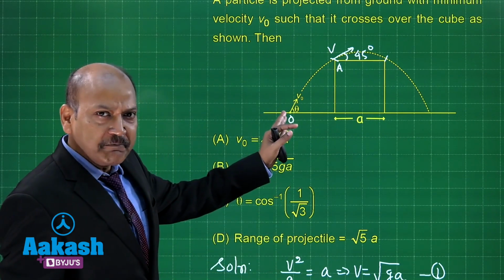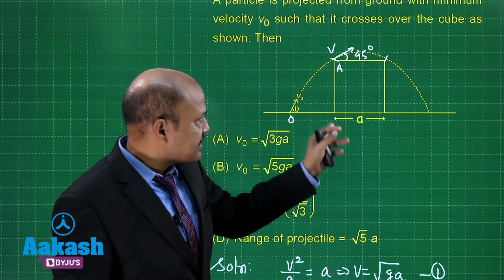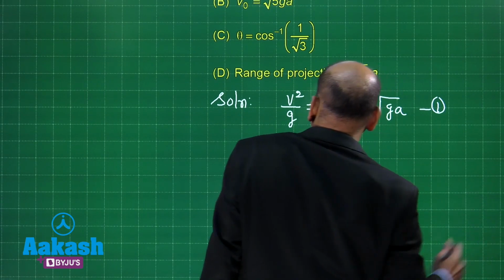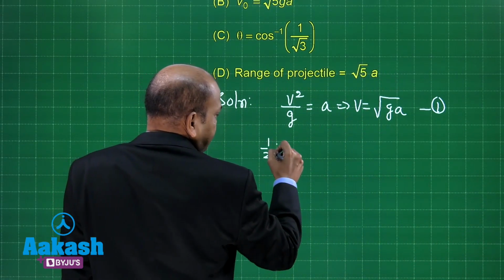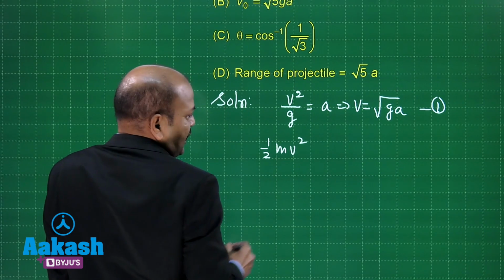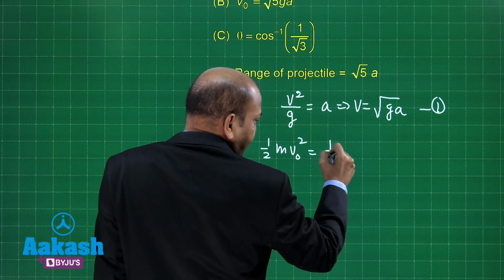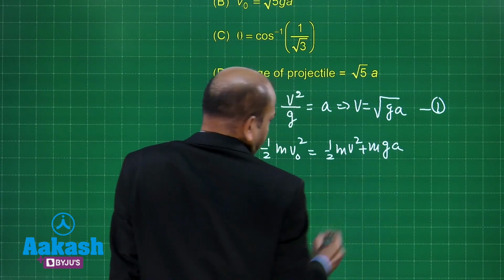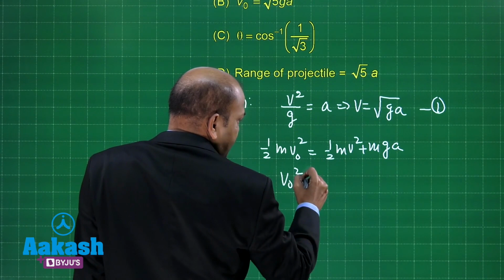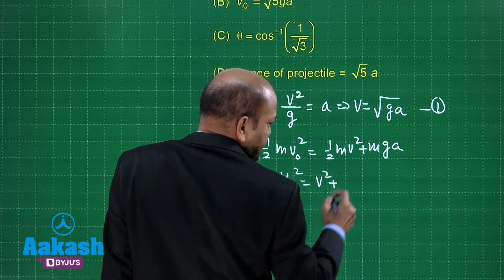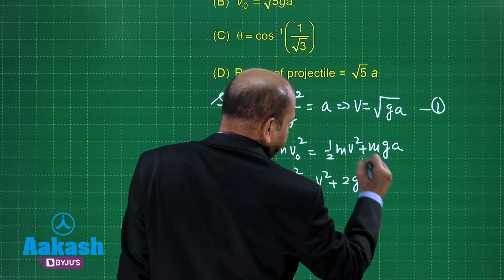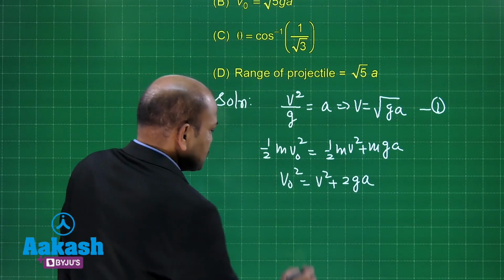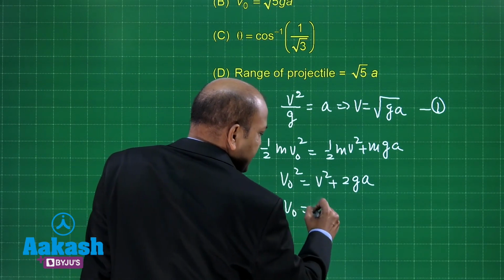So half m v0 square is equal to half m v square plus mg into a, which basically gives us v0 square is equal to v square plus 2ga. The value of v is already with us, it is root ga. So we are getting the value of v0 as root 3ga.